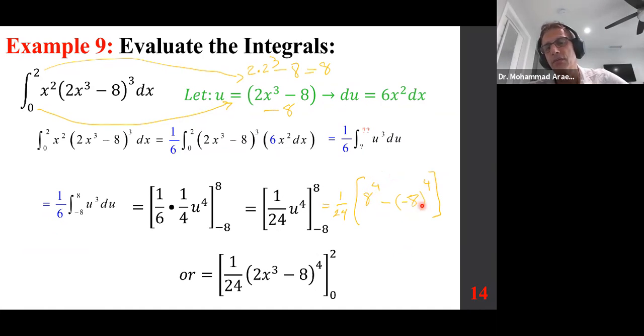They are both positive. They cancel each other and they give us 0. Again, pay attention to the fact that the exponent is an even exponent. Therefore, 8 to the power of 4 is the same as -8 to the power of 4.